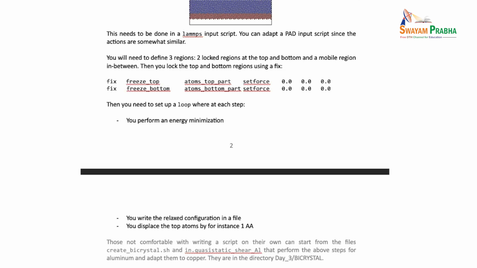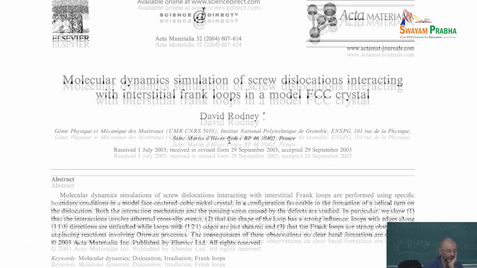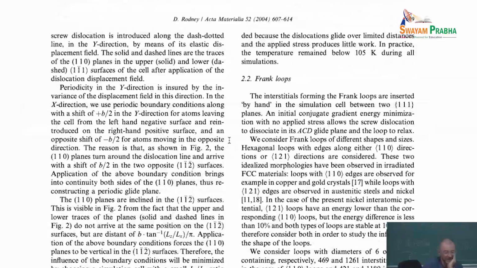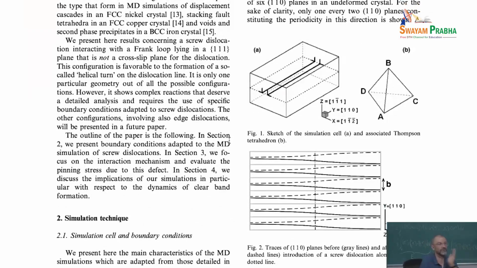I can show you. I just need to find which MD. So 04, so maybe some of you were born. And by the way, this is a paper where we first proposed these shifts for the screw dislocation.